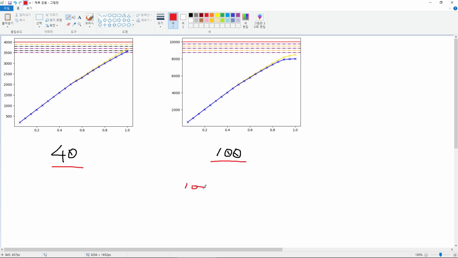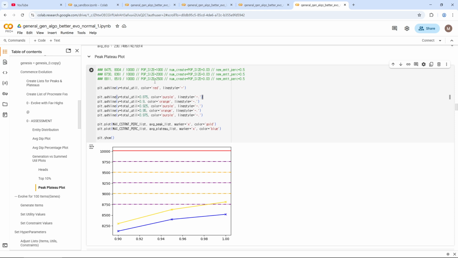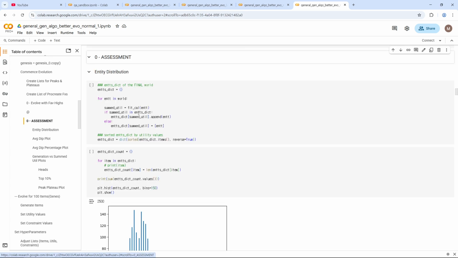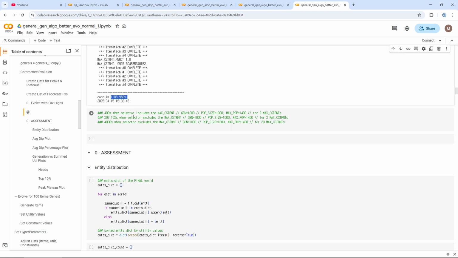So 1000 times 2.5 is 2500. So that's what I did. When I had 2500 entities, it took about 1200 seconds, so 20 minutes.